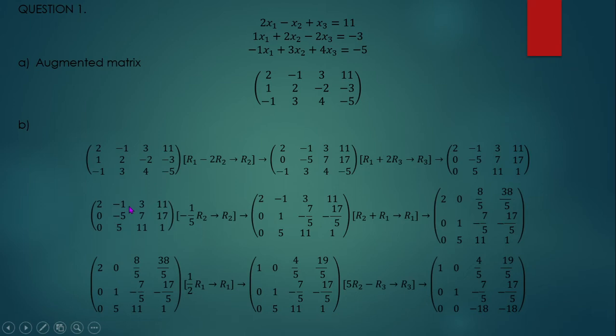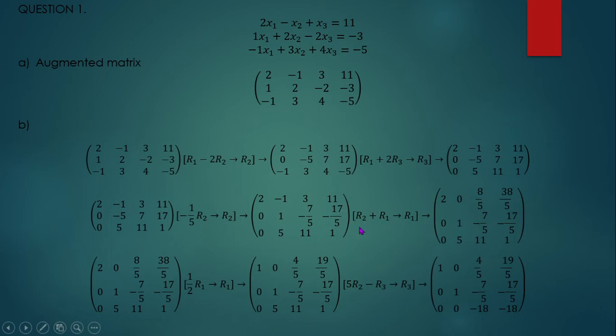I want to make -1 and 5 into 0 later. R2 divided by -5, substitute into R2. We have 0, 1, -7/5, -17/5.